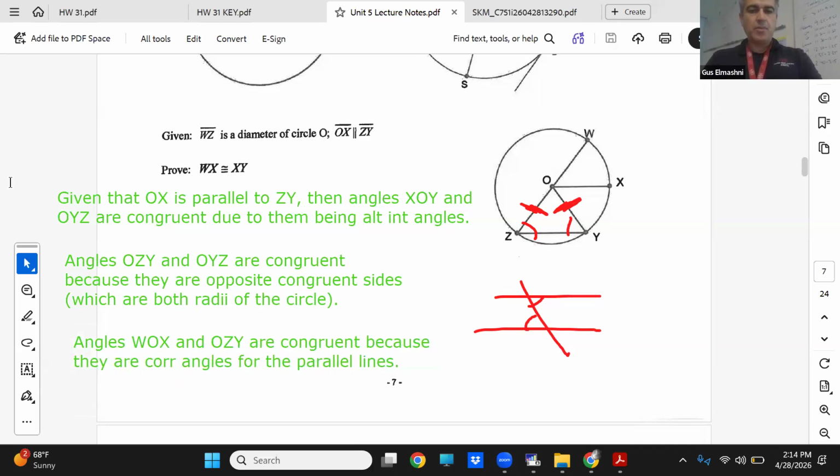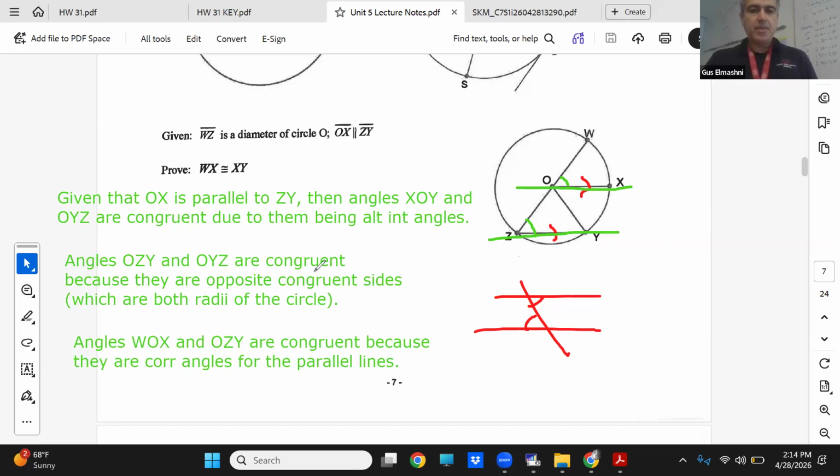So where are my parallel lines here? They already told us, right? So then these are corresponding angles, because if you extend it, you see that, right? So those two angles have to be the same.